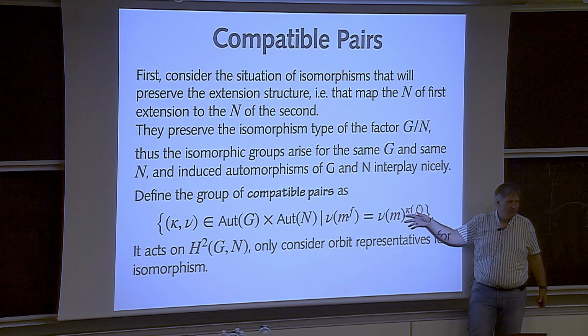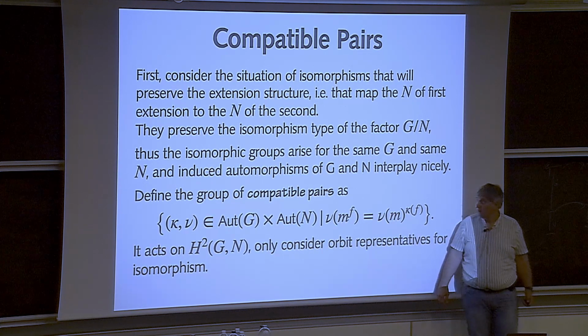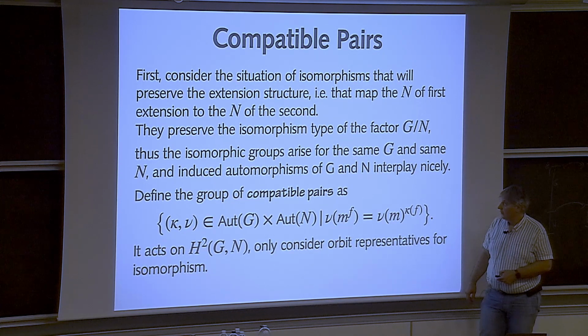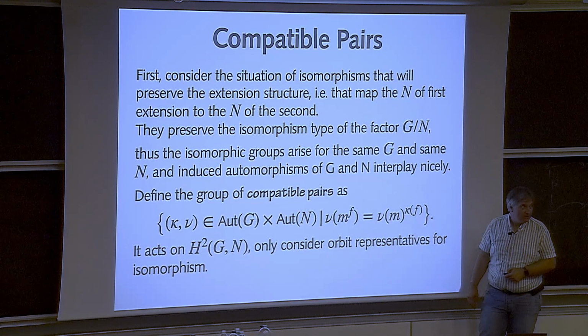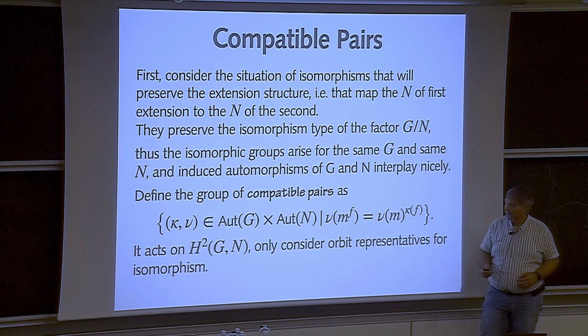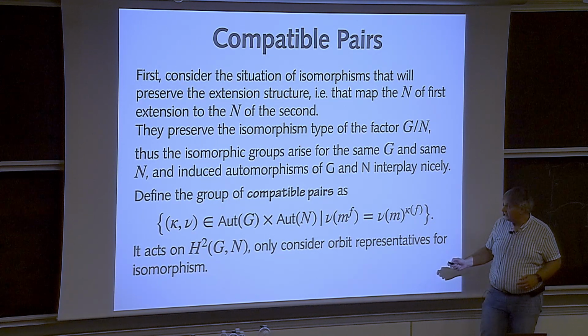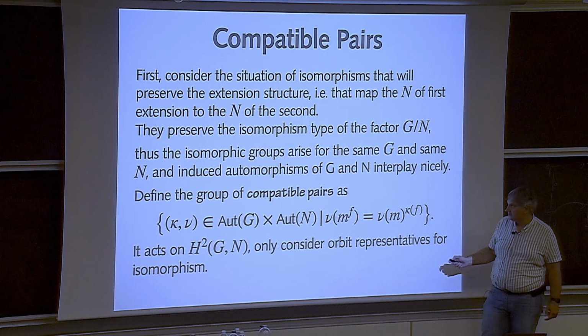It depends on the module. Yeah, it depends on the module. When you say G and N, that N is here always considered as a G module. Yeah? So it's all small n. That this holds for all small m and for all small f.